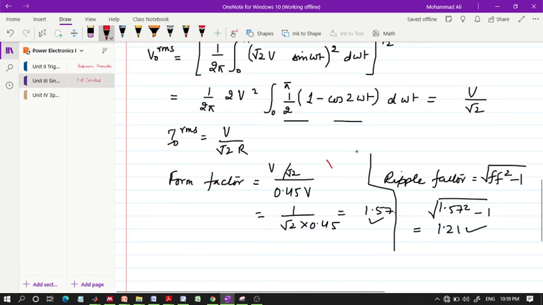It should be V RMS upon V DC. And it comes out to be 1.57, and the ripple factor is the square root of form factor square minus 1, so it comes out to be 1.21.